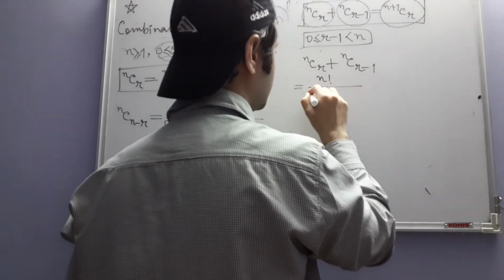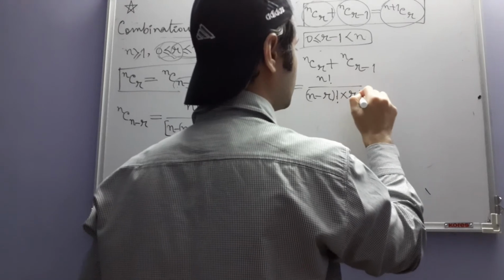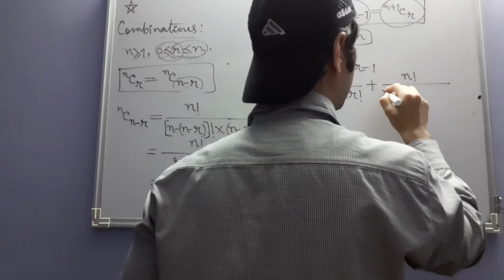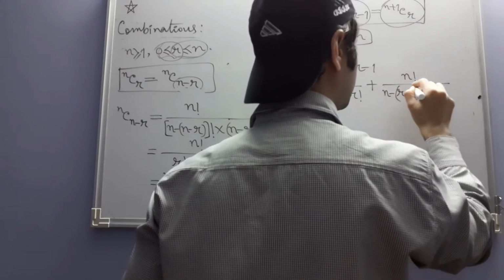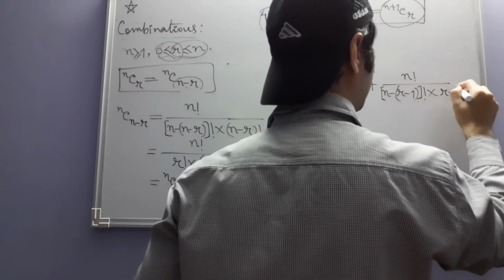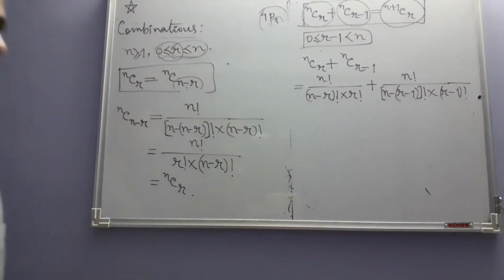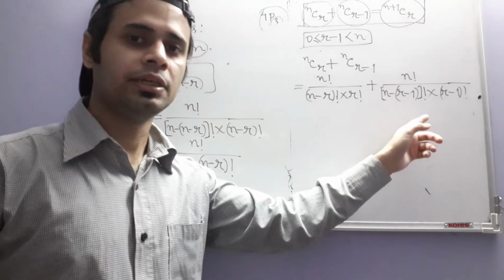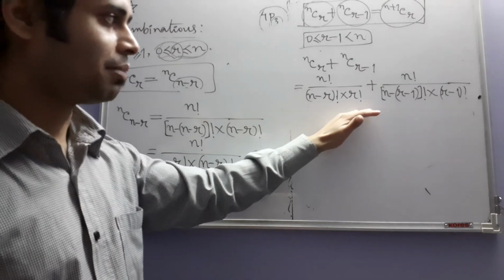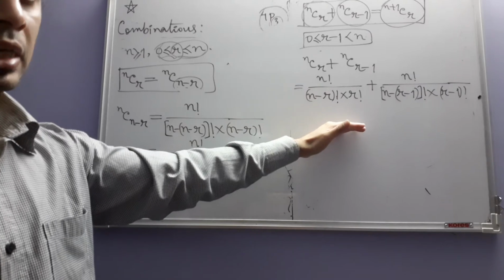N factorial divided by (n minus r) factorial times r factorial plus n factorial divided by (n minus r minus 1) factorial times (r minus 1) factorial. While performing calculations like this, it's better to write them in detail to avoid making any mistakes. Now, unless you are very familiar with these calculations, do not skip steps. Okay.